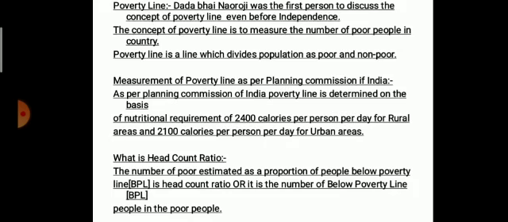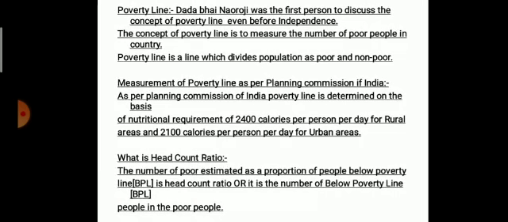Then what is head count ratio? All these are small questions that may come. What is head count ratio? The number of poor estimated or calculated as a proportion of people below poverty line is head count ratio. If you find this difficult to answer, you can simply write it as the number of below poverty line people among the poor people.